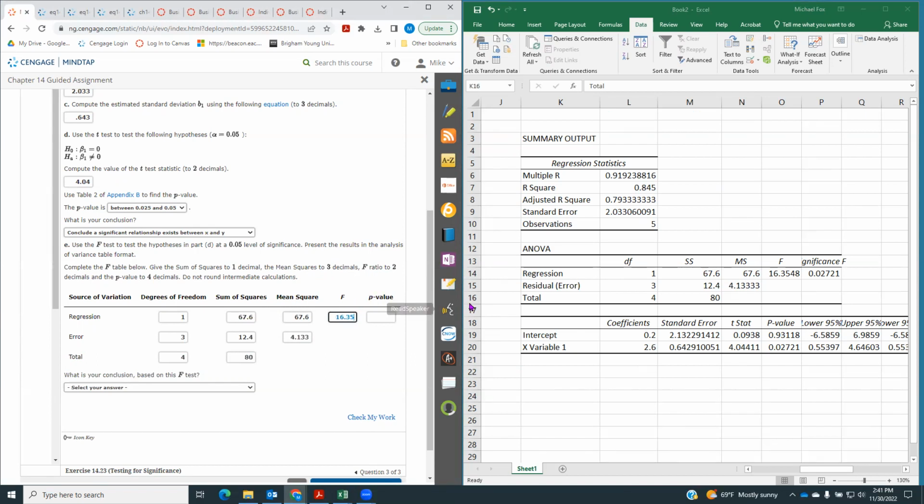And then it shows p-value here and significance here, but that's still this number they want, 0.02. How many decimals do they want? 4. 0.0272. All right. And then the same thing, we're comparing this p-value to our alpha. And if the p-value is lower, then we'll conclude that there is a significant relationship between X and Y.